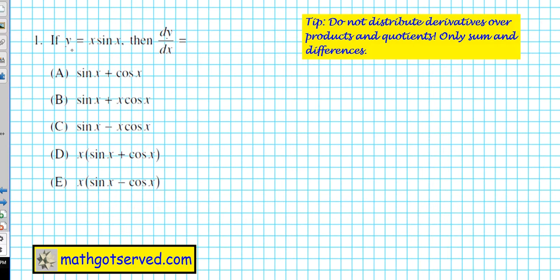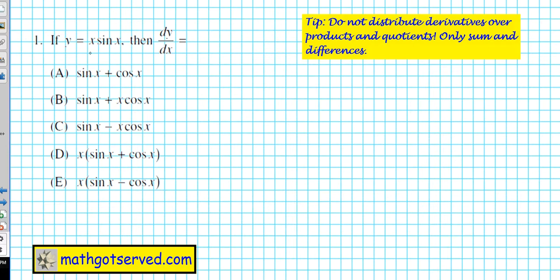It reads, if y equals x sine x, then the derivative dy dx equals what? So the tip you want to keep in mind for this problem is that you do not distribute the derivative across a product or quotient of functions.